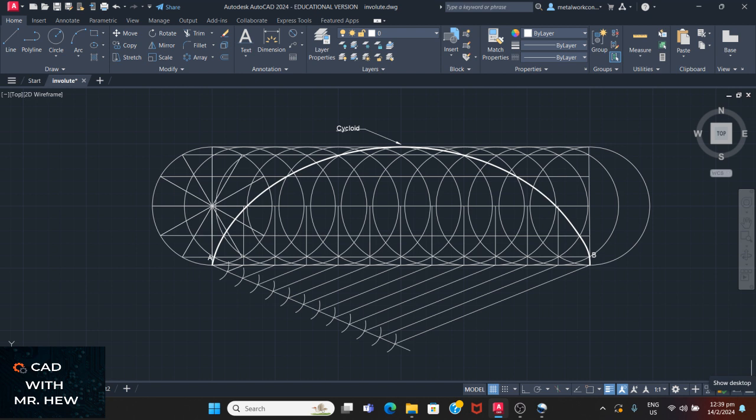So we draw all of these points to the center line, and this will be the last one, which is the 12th division. Good.